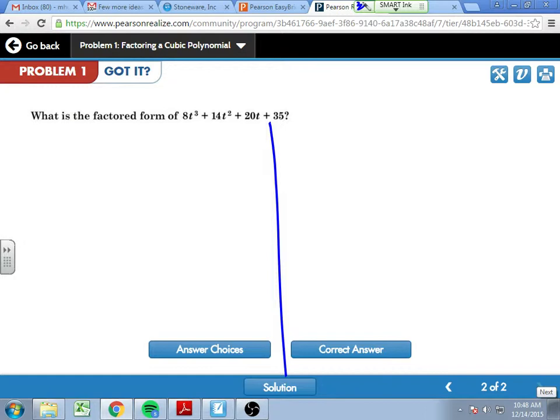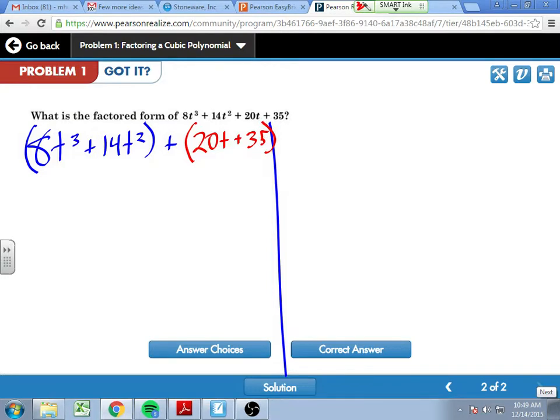Jacob, how'd you break it up? Okay, so I did the 8t cubed plus 14t squared. That's one group. So 8t cubed plus 14t squared was one grouping, plus 20t. Now Greg broke it up differently.